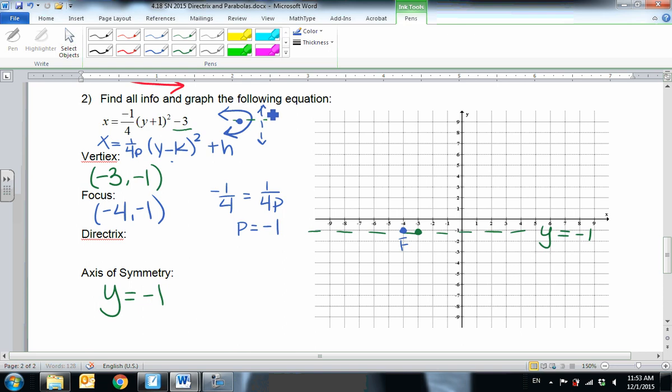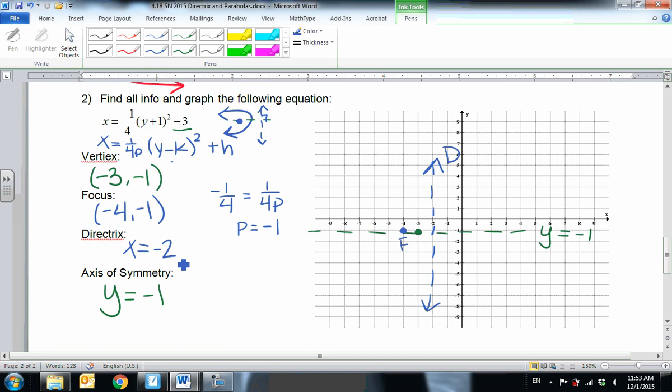So my directrix has to be a vertical line on the other side of the vertex. How far away from the vertex? 1. So it's going to be a vertical line through what value? -2. So my directrix is x equals -2.